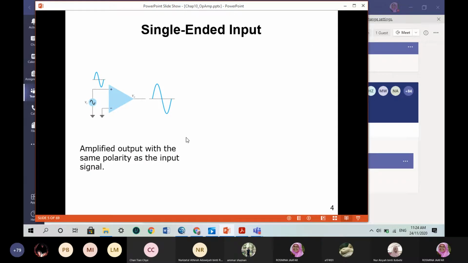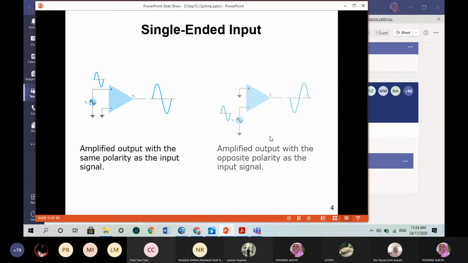Okay, and if you apply V in at the inverting input terminal, the negative terminal, the output voltage will become out of phase by 180 degrees. So the amplified output has the opposite polarity to the input signal. Here you see when you apply your sine wave, positive first, then negative, the output will appear negative first, then positive phase.